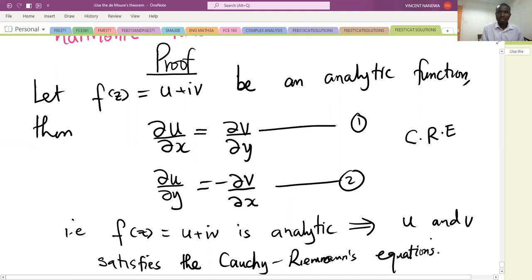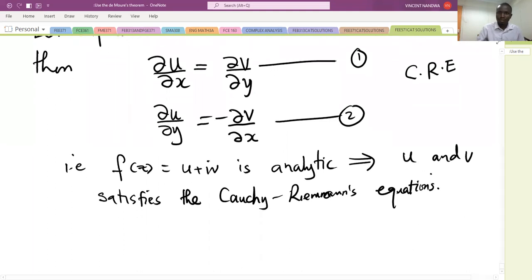So that's what we mean by f of z equals u plus iv being analytic. Now what we are going to do, we are going to differentiate each of these two equations. So equation 1 with respect to x and equation 2 with respect to y.